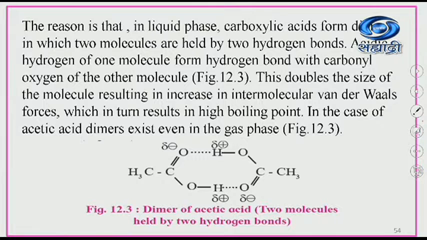Similarly, here also you will observe the OH, hydroxyl group from acetic acid, and here that carbonyl oxygen from the other molecule of acetic acid. So there is a formation of hydrogen bonding which is shown by the dotted line. So formation of hydrogen bonding in 2 molecules of acetic acid.